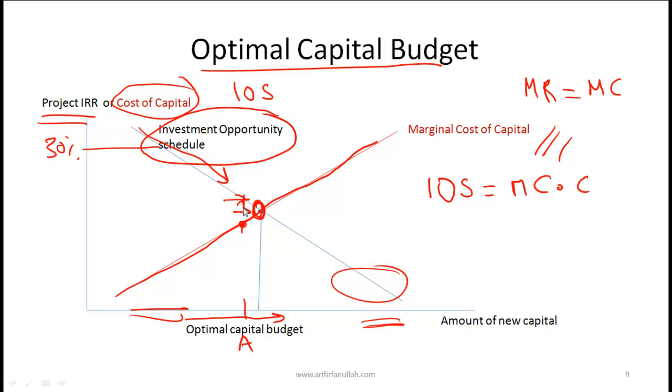So it makes sense to keep going and invest some more. On the other hand, if you are at point B, then the cost of capital is greater than the return, and hence it makes sense to scale back. So the optimal point is this point X, which is the point where the two lines intersect, and that would be the optimal capital budget for a company.